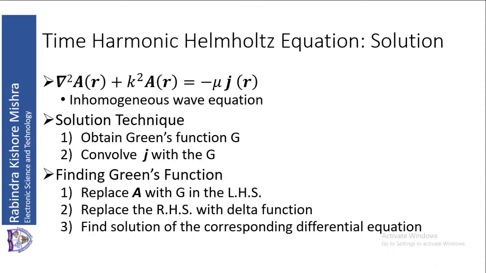So first we have to find out what the Green function is. Obtain the solution for the Green function: replace A by G on the left hand side, and on the right hand side replace mu J by delta R, delta Q bar, since we are considering volume.